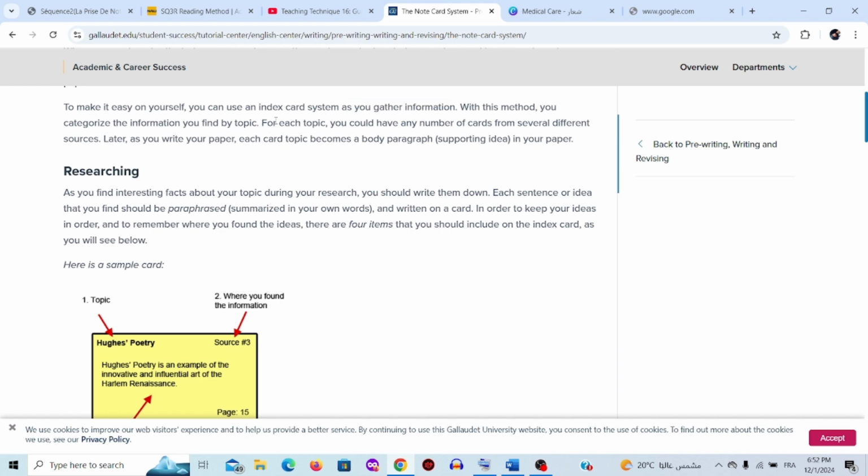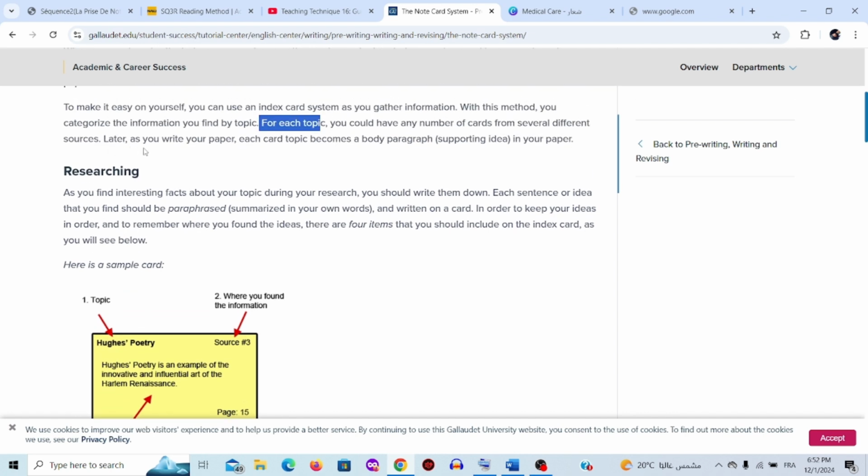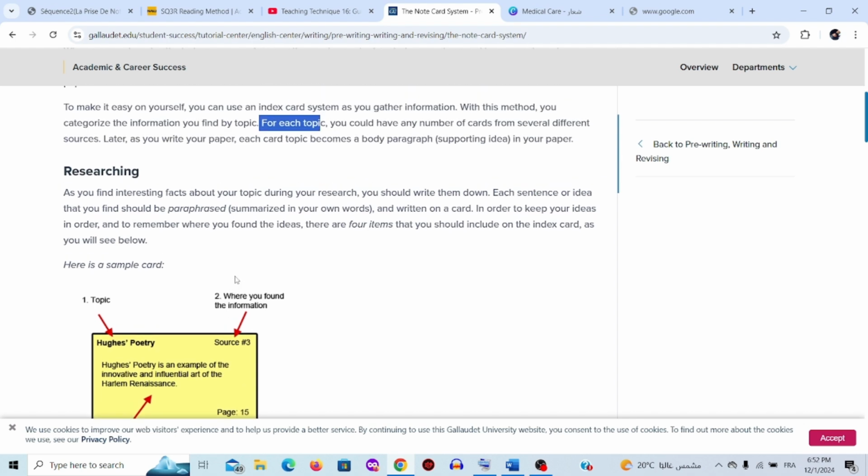So for each topic, you could have any number of cards from several different sources. Later, as you write your paper, each card topic becomes a body paragraph supporting idea in your paper. So you are going to use these cards to write your paragraphs.